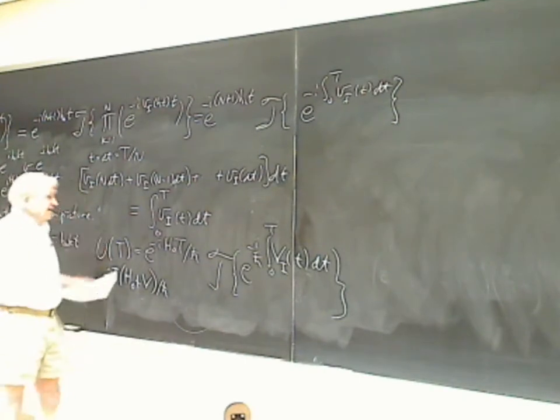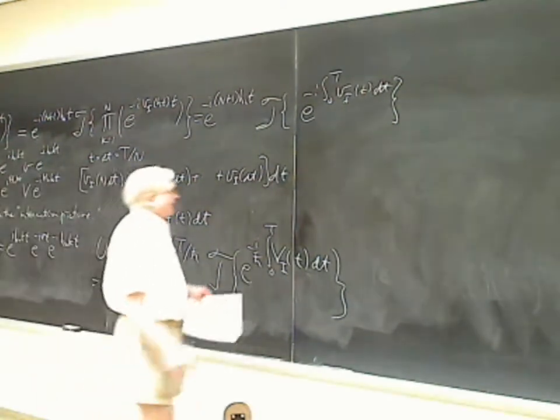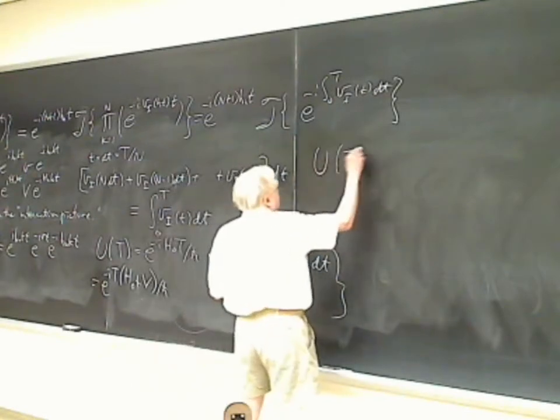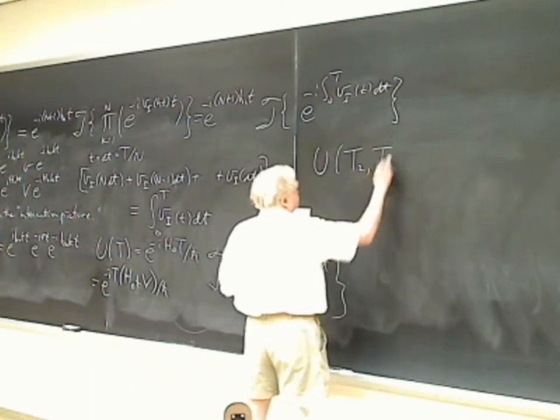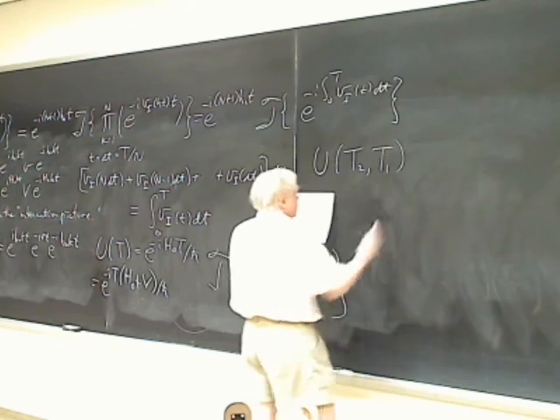Now, let me write down the more general formula. U of t2, t1.